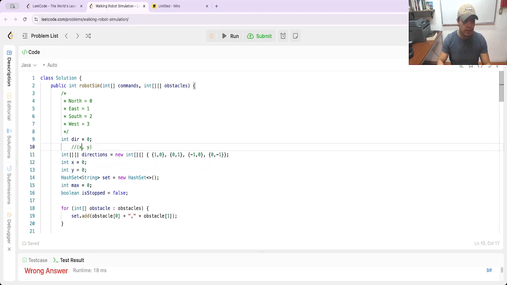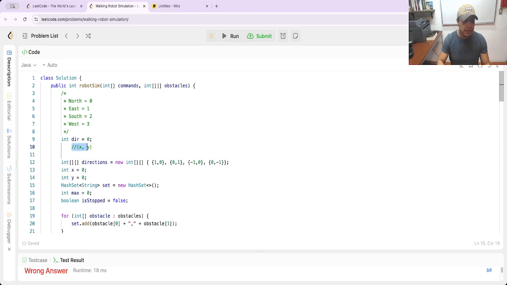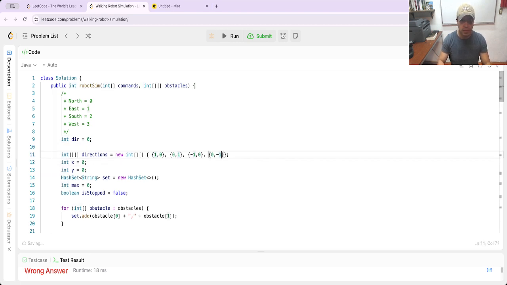Okay, and for this, let me put here. This is the structure, and for this basically is okay. The first is left. No, we start with the north.